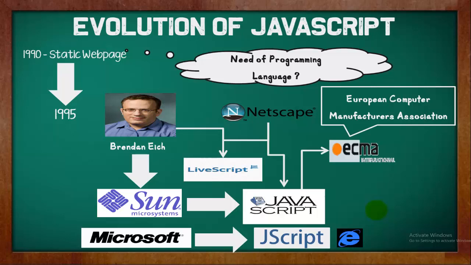Likewise, for programming languages and scripting languages, there's a committee which provides the standards. ECMA International provided a standard for JavaScript, and later it was called ECMAScript. So this is the whole history of how JavaScript has arrived. I hope you understood this.